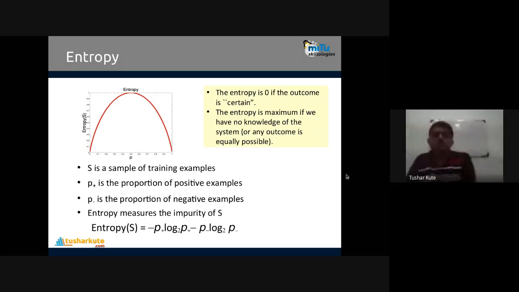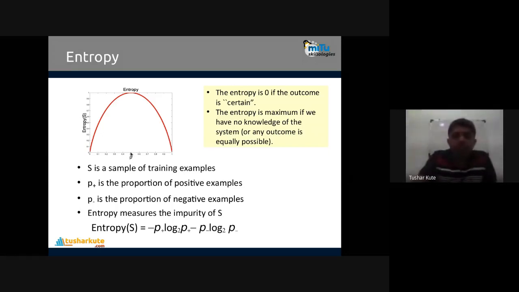Now see, how does entropy look exactly? The entropy is 0 if the outcome is certain. The entropy is maximum if you have no knowledge of the system or any outcome is equally possible. See this one, it's a logarithmic curve actually.